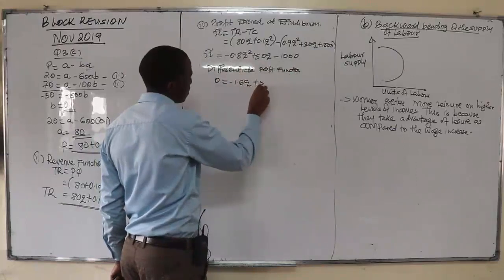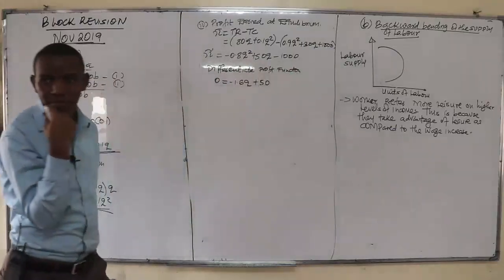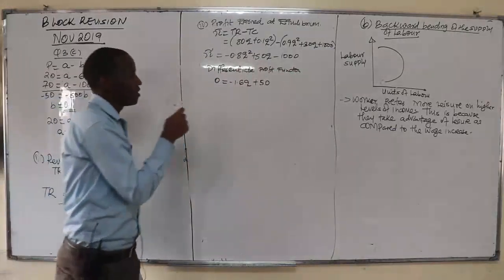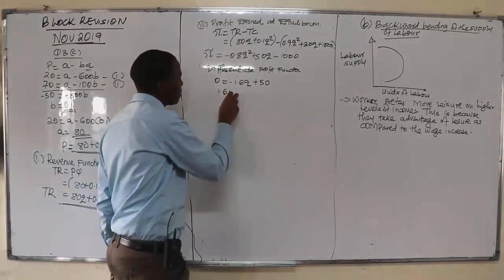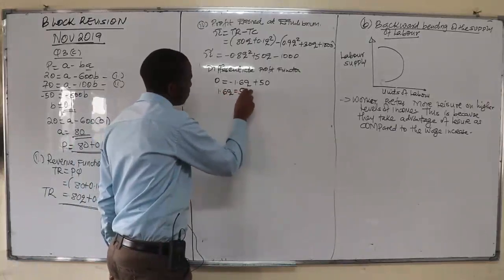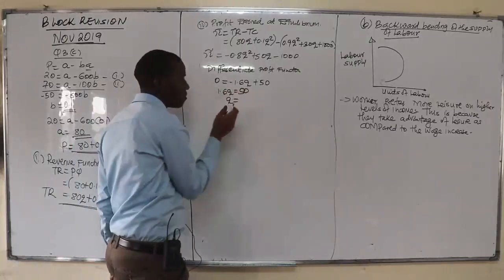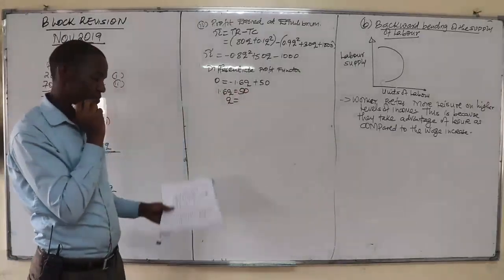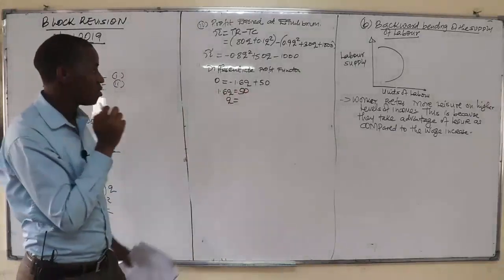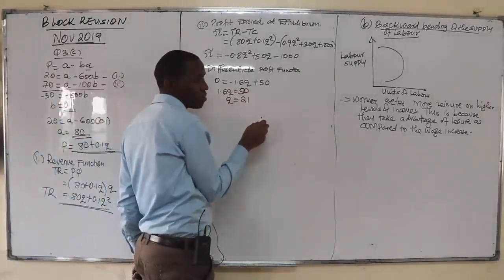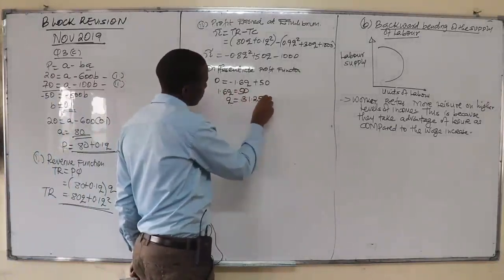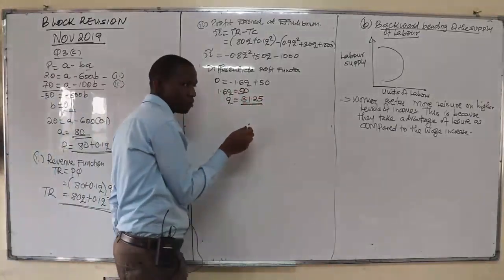What have I done up there? Do you know how to differentiate? Yes, you differentiate the function. And therefore 1.6 Q is equal to 50. So Q will be how much? 25, that is 1.25.